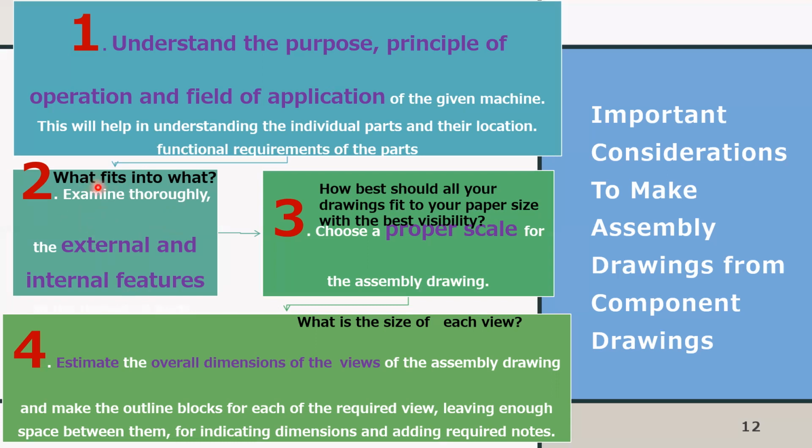Okay, the third consideration you should make is you should try to choose a proper scale that will help all your drawings to fit in the space that you have. Okay, and then lastly, you should estimate the overall dimensions of the views of the assembly drawing.